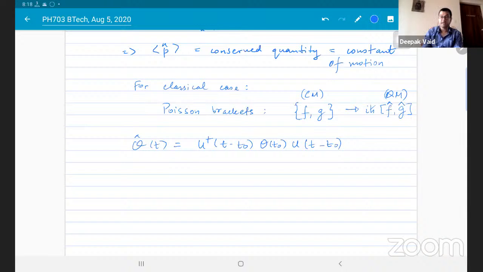So this is a similarity transformation. If you remember, for any operator O, you have O prime equal to U O U inverse. This is called a similarity transformation.